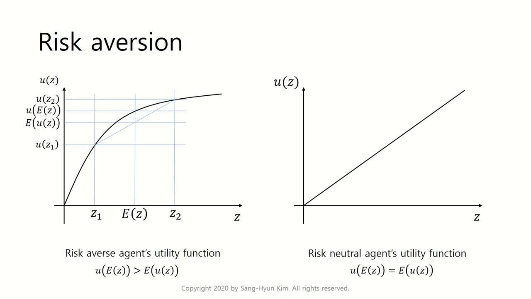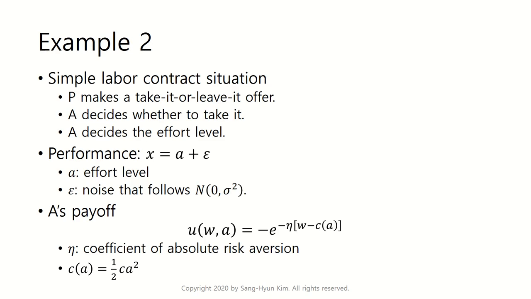In contrast, if the agent's utility function is linear, as you can see on the right, then this agent is risk neutral. And in example 2, we are going to consider an agent with a concave utility function, and that's the topic that we are going to discuss next time.